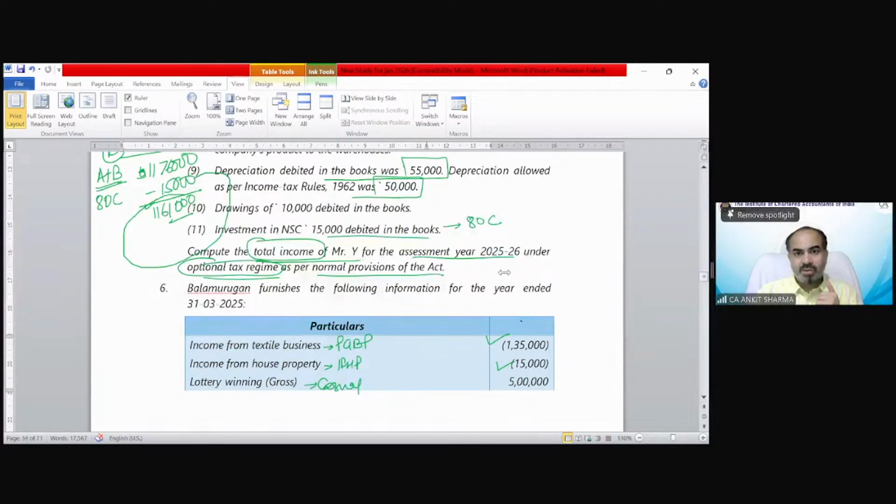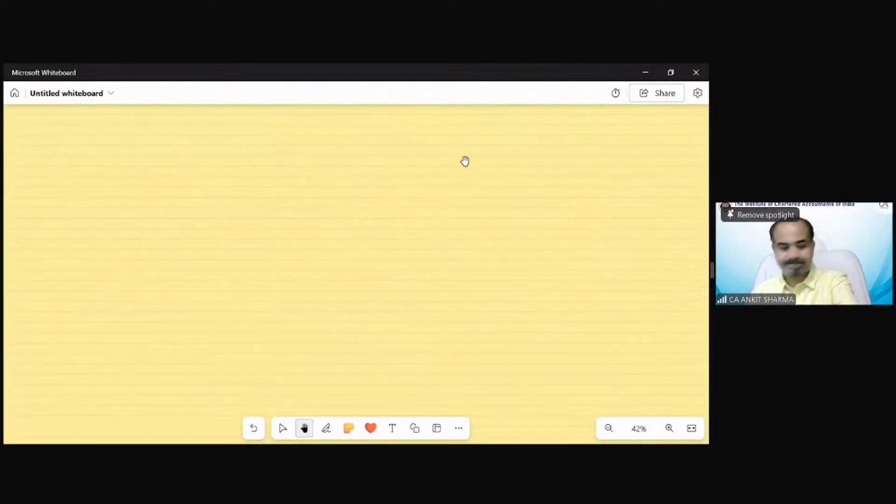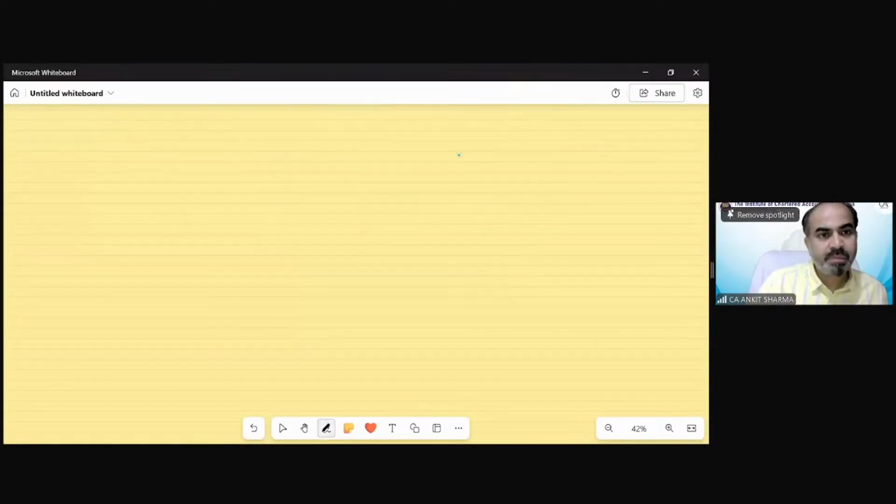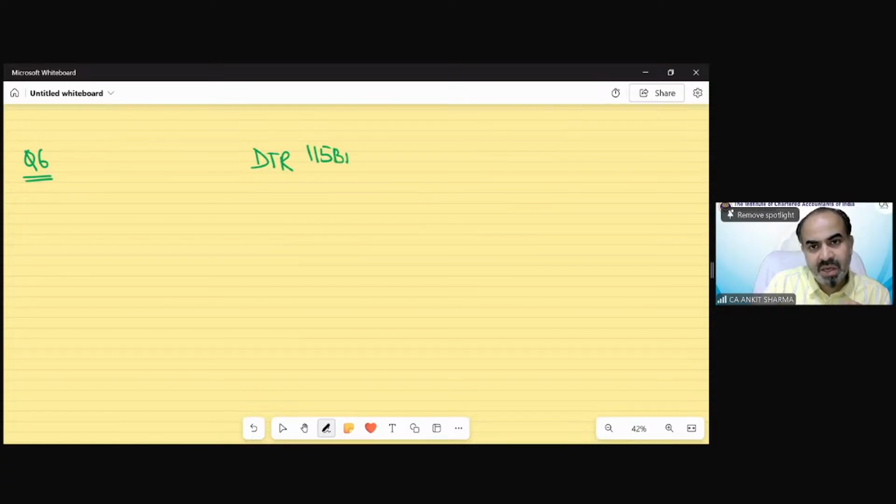So let's solve this question on a separate sheet. So question number 6. And I have told you when there is a set of questions, always try to solve it in a horizontal form. So in the question we are solving it as per default tax regime under section 115BAC, and we have been given multiple incomes.